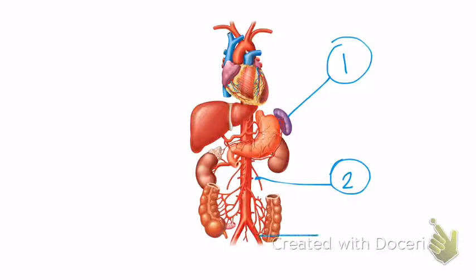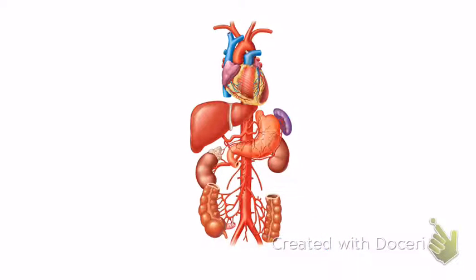And then 3. Good. Pause the video. Try those. Hopefully you'll see that the first one is the spleen. The second one was the abdominal aorta. And the third one is the common iliac. That would be the left common iliac artery.